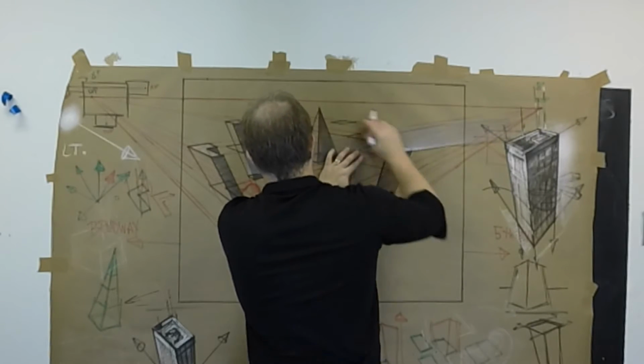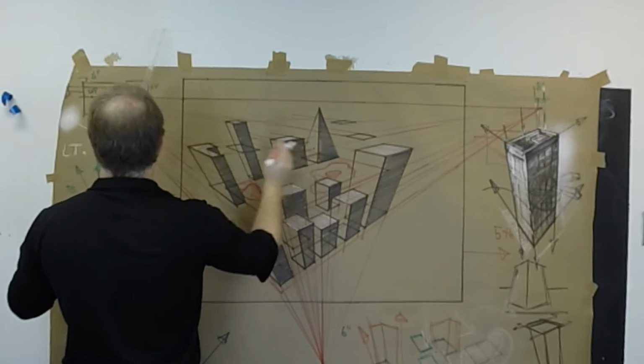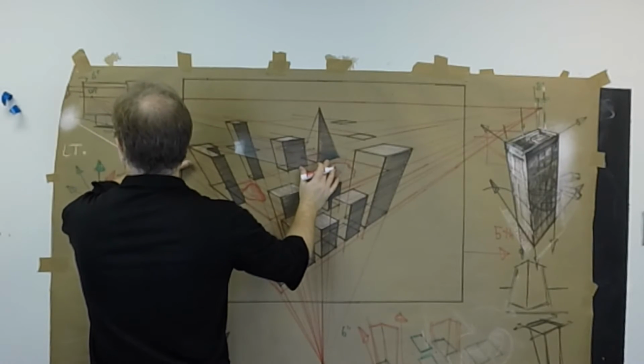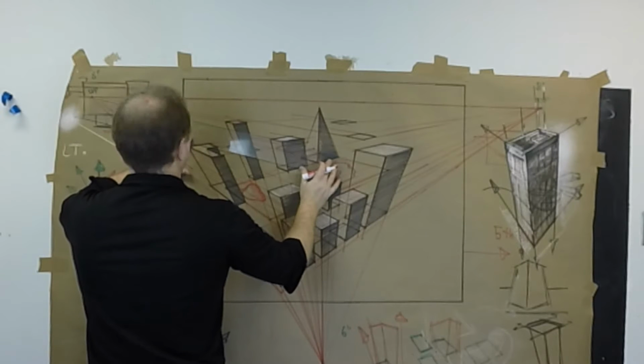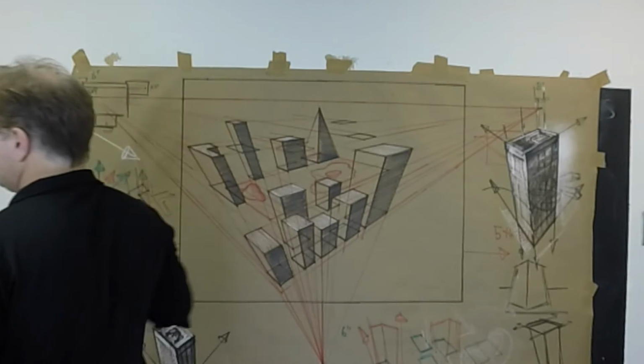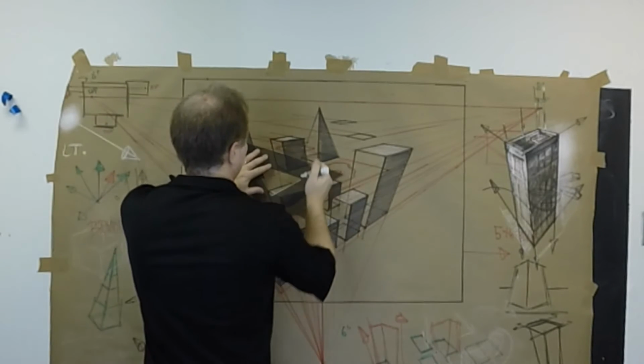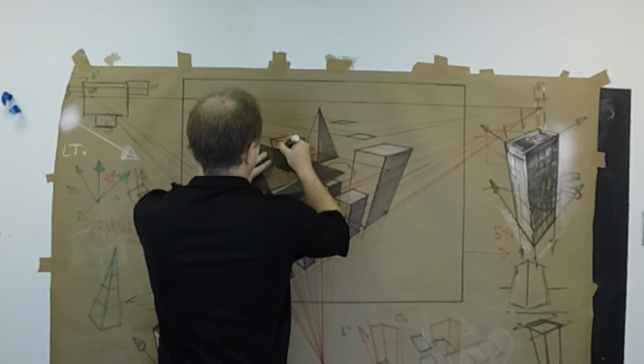There we go, right in through there. And then now from this point, I'll go back to the left vanishing point here and here. And there's the bottom of my next building right there. Okay, so I think that'll be enough.